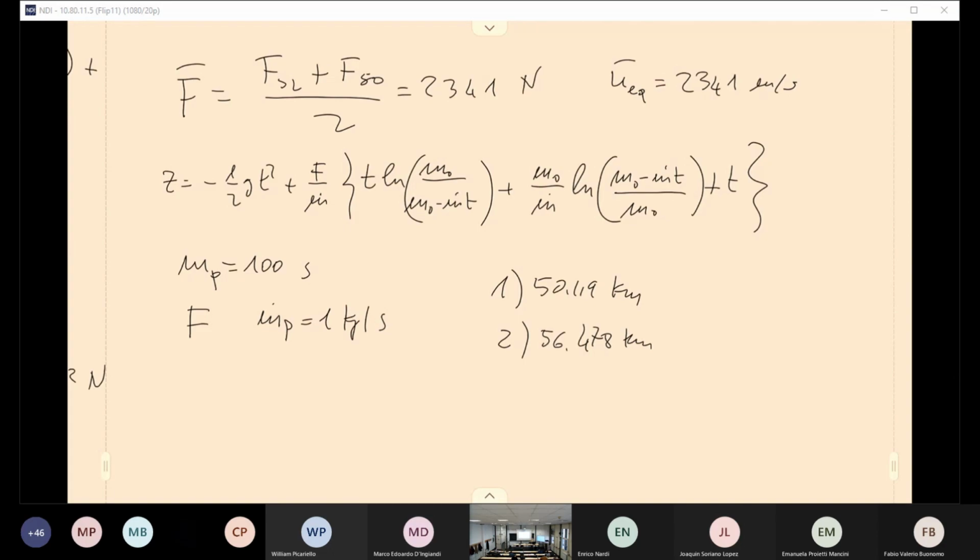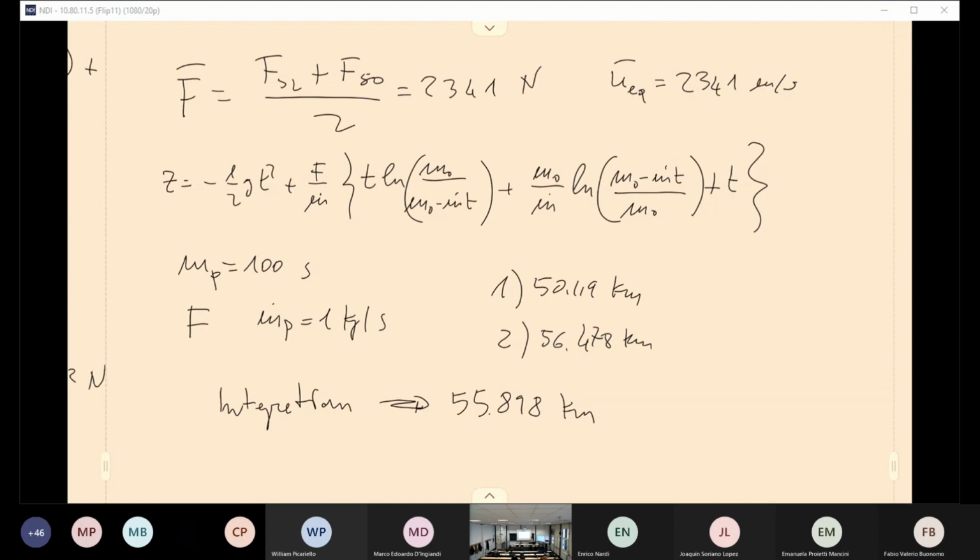Consider that if you make the correct integration, the result would be slightly less than this. So let's say integration yields... I leave you this as an exercise to get the integration numerically.